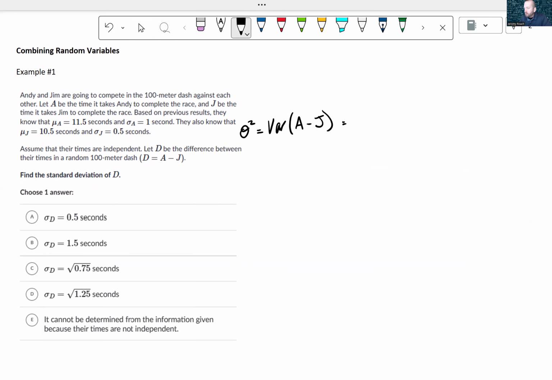And so that's going to be the variance of a plus the variance of j. Okay. And the variance of a is standard deviation squared of a. And I'm just going to write it actually like this, plus standard deviation squared of j.